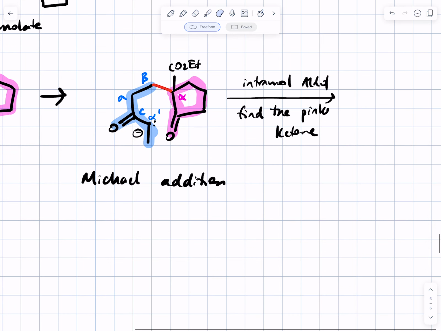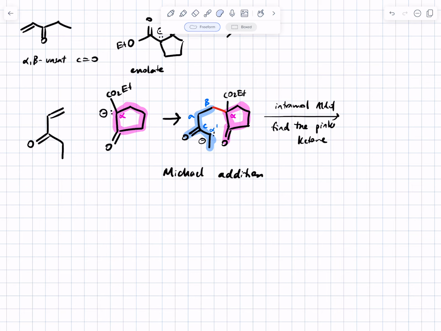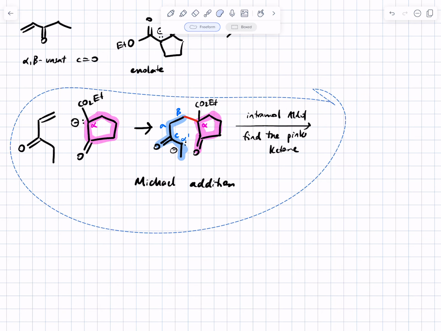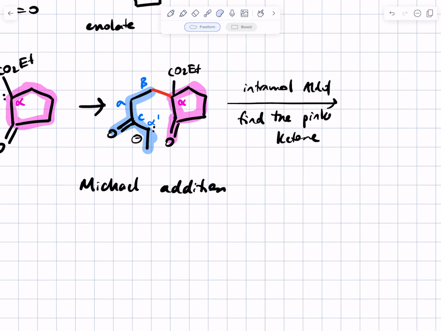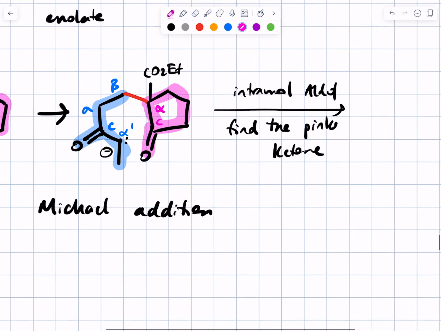So, the product after the intramolecular aldol step of our reaction is going to be to make a new bond between blue alpha prime and pink carbonyl.